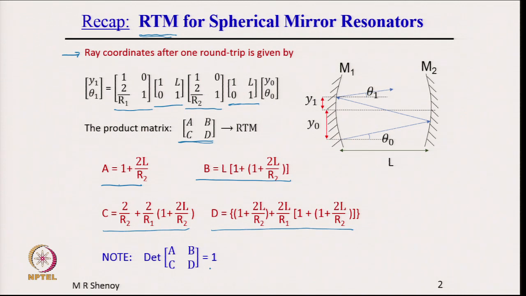We know that the determinant of a product matrix is equal to the product of the determinants of the individual matrices. The first matrix determinant is 1, the second is 1, the third is 1, the fourth is 1, and therefore the product matrix also has a determinant equal to 1. We will make use of this at a later stage.